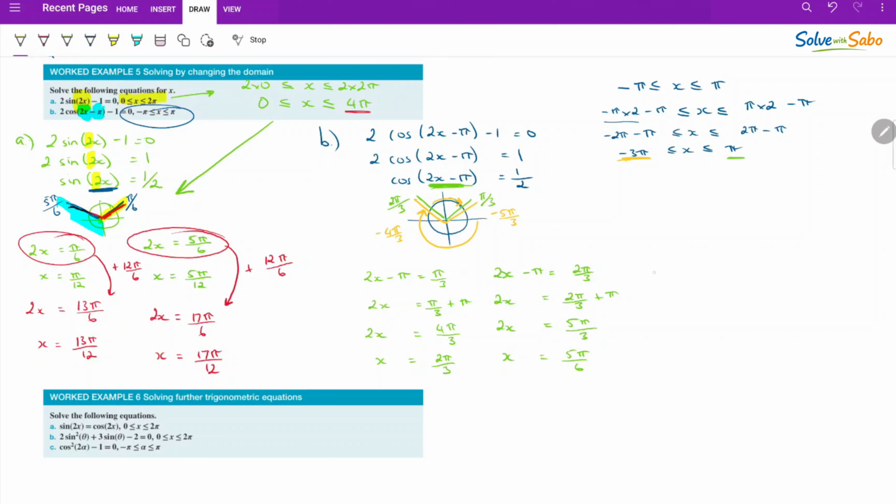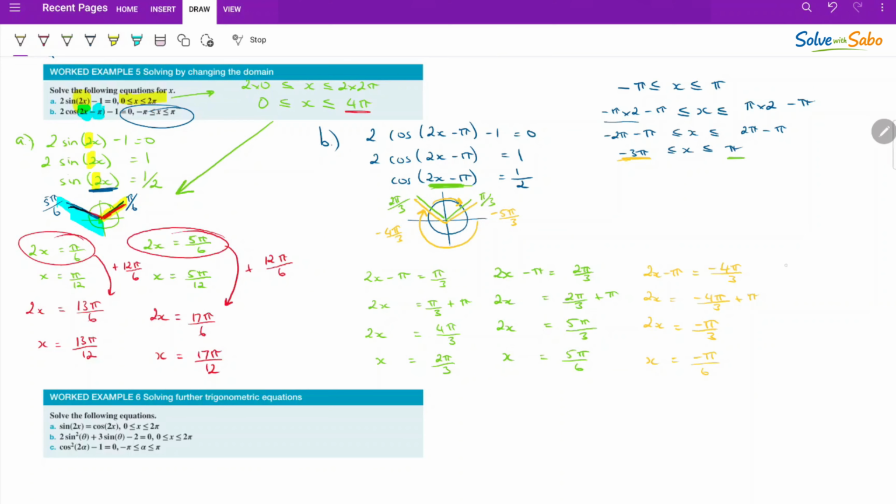In yellow, the other angles here, 2x take pi equals negative 4 pi on 3. 2x equals negative 4 pi on 3 plus pi. 2x equals negative pi on 3. x equals negative pi on 6.